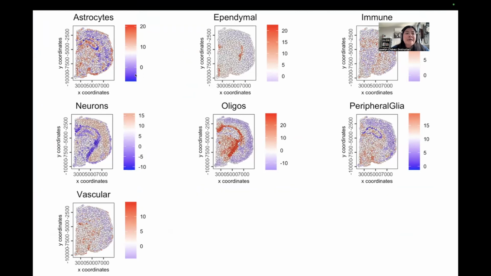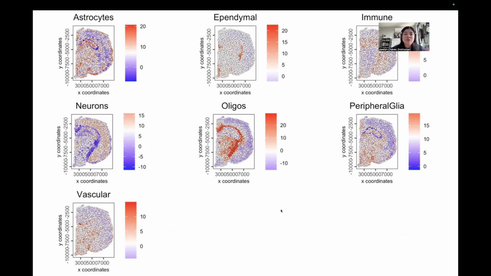So here, basically, I'm taking the spatial coordinates of each spot from my spatial data set, and then I'm using the enrichment values for the different cell types, and this helps to also evaluate if this makes sense, if the high enrichment of the predicted cell types corresponds to where anatomically you expect them to be.